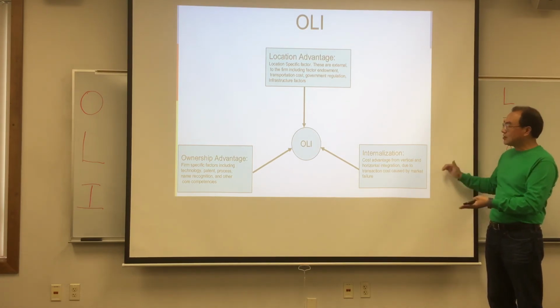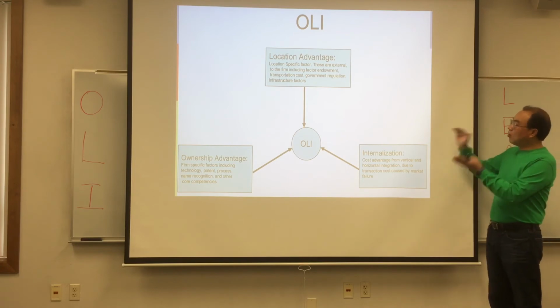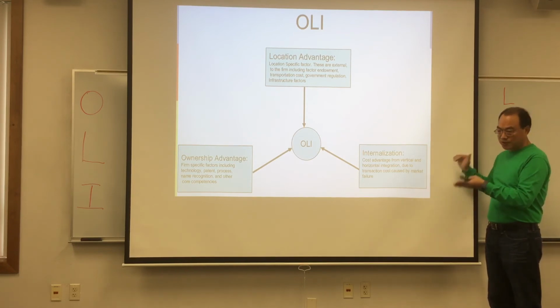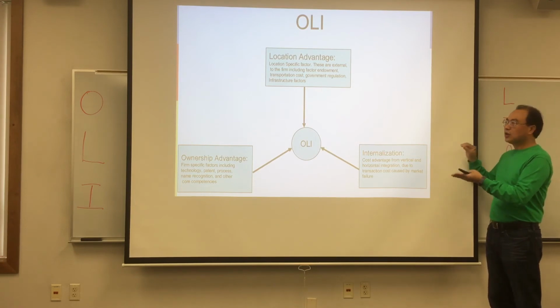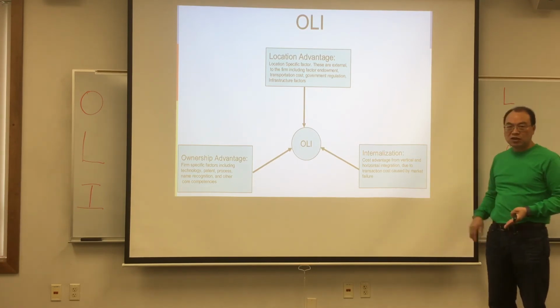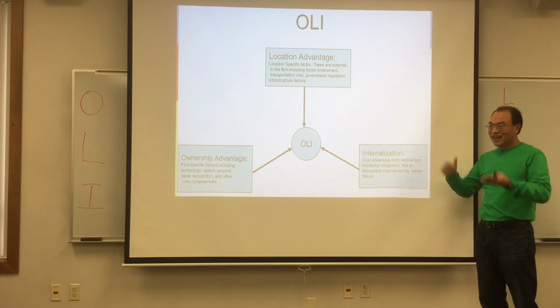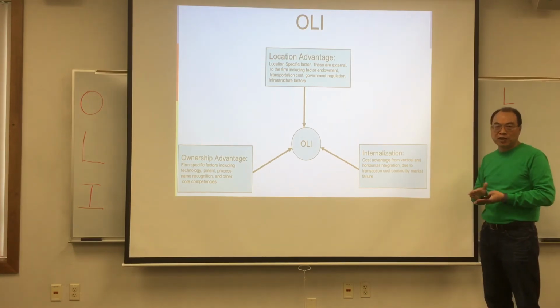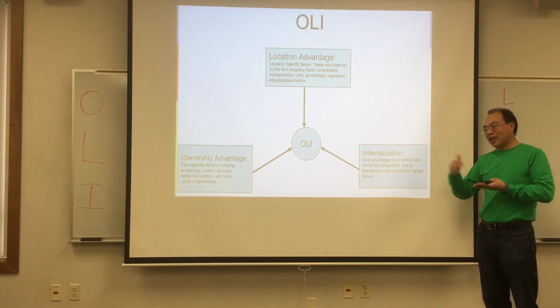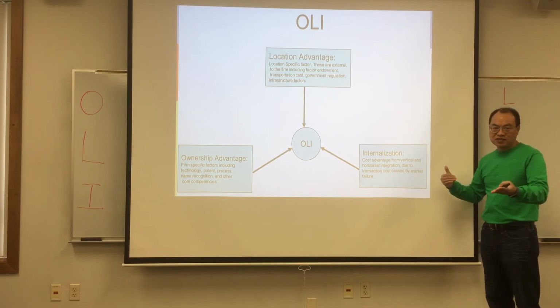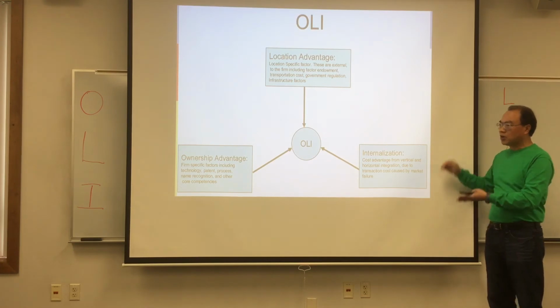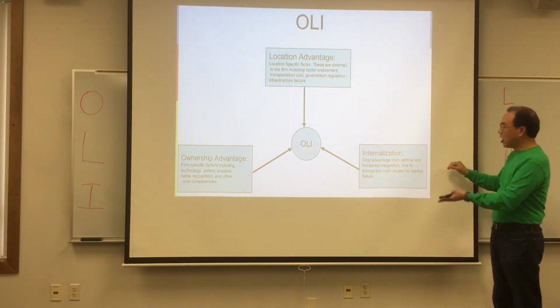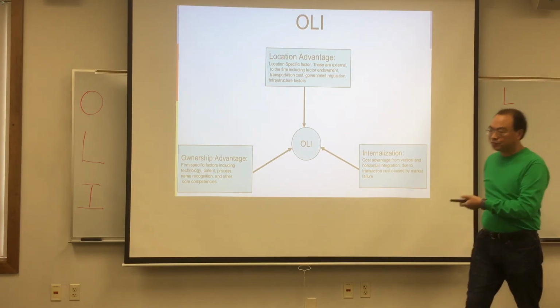Okay? So that's the whole OLI framework to explain why Tesla chose direct foreign investment rather than licensing. Because you don't make much money from licensing. Of course, export and import, that's just small business. And as I say, you don't want to choose alliance or joint venture because you want to keep everything in your house, in the family, okay?